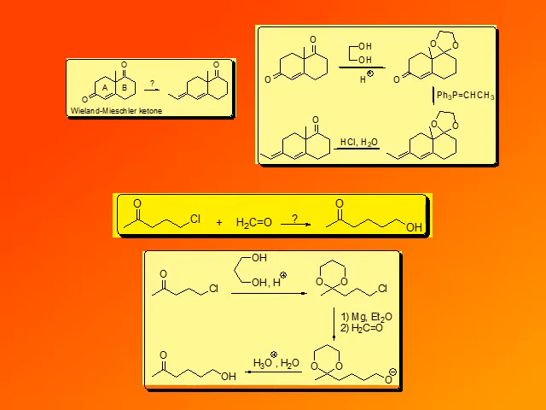That would extend the carbon chain by one atom and form the corresponding alcohol. The problem is that these compounds, Grignard reagents or alkyl lithiums, react with carbonyl compounds. And since in this case you would have both the organomagnesium or organolithium compound and a carbonyl group in the same molecule, they would be very close to each other and would very quickly react with each other to form a ring.